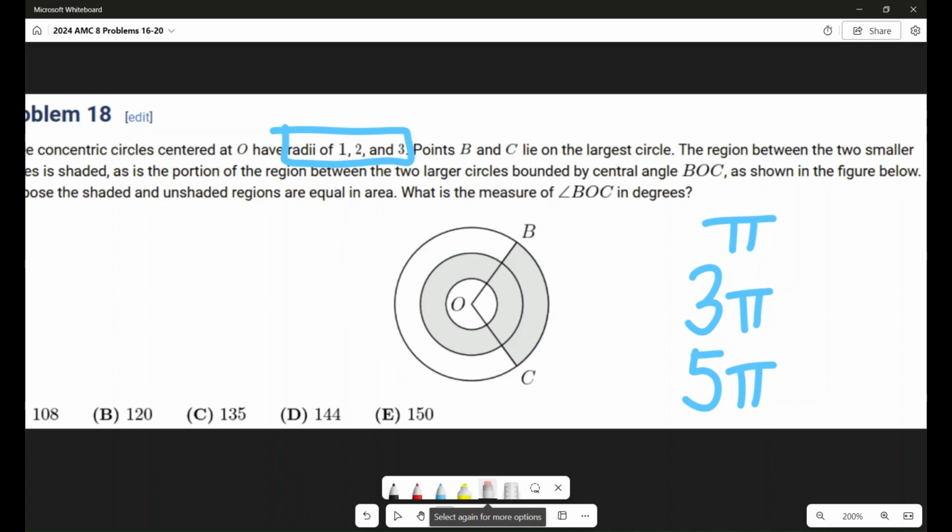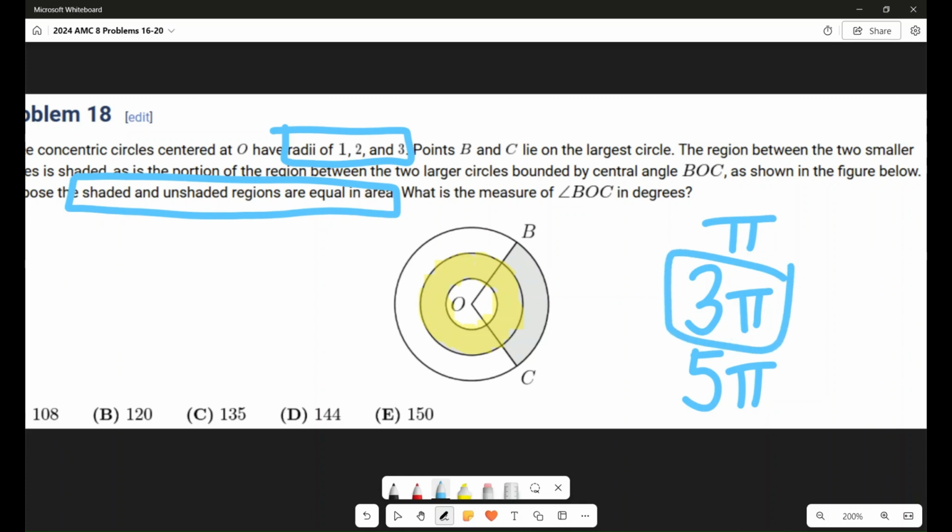All right, so now what's the important piece of information that we're given? Well, the shaded and unshaded regions are equal in area. That's very important because we know that this part of the shaded region, let me actually highlight it with yellow, this part of the shaded region has an area of 3 pi. We already found that.